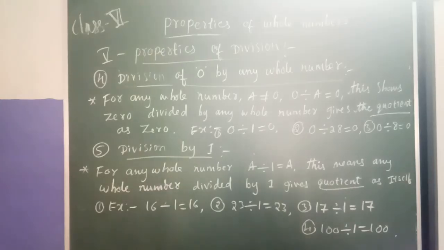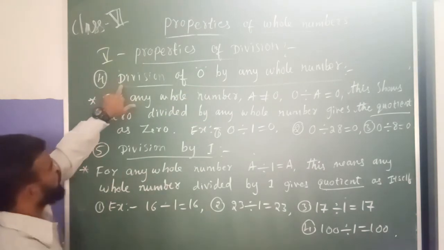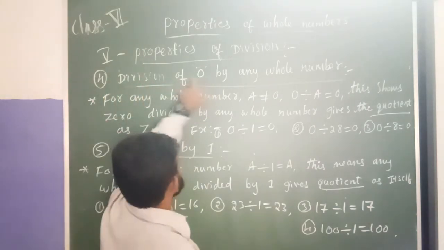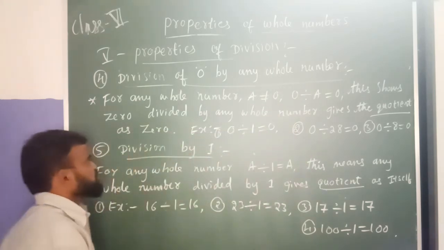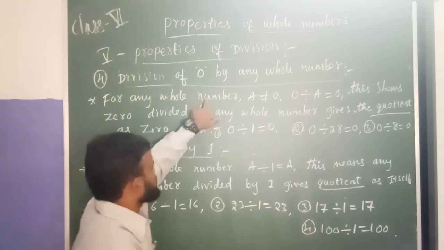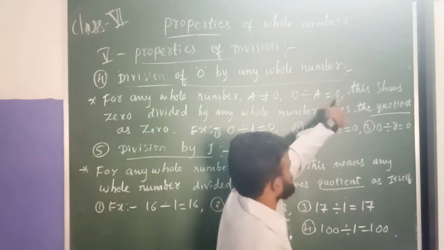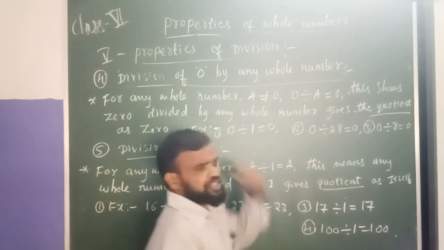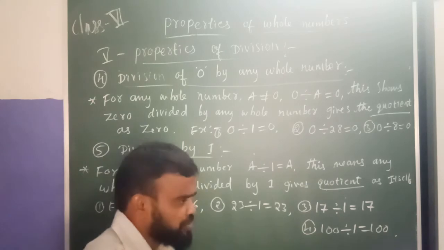Okay. Now I am going to explain the fourth property of division: division of 0 by any whole number. We take any whole number, and divide 0 by it. So for any whole number a not equal to 0, 0 divided by a gives 0 only. 0 is a dead number. We cannot get any value from that 0.